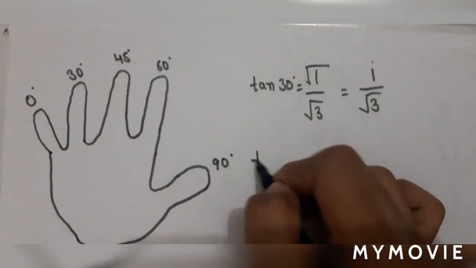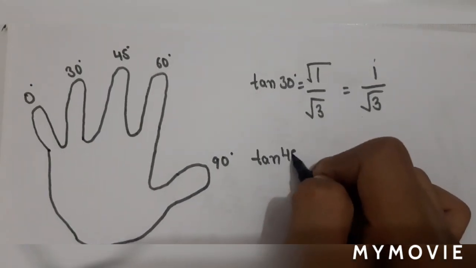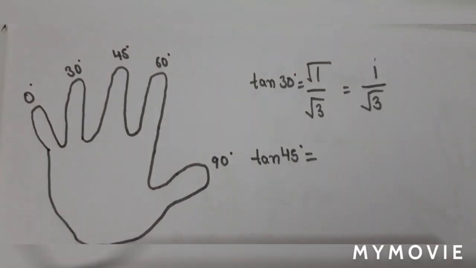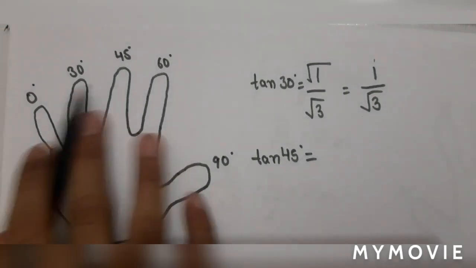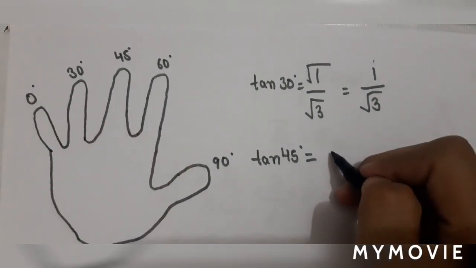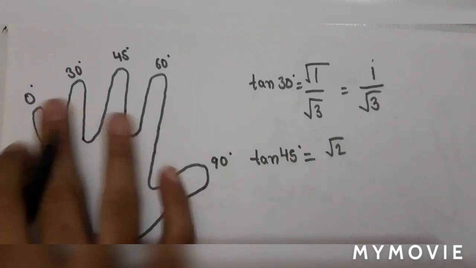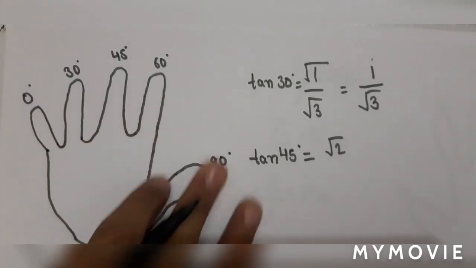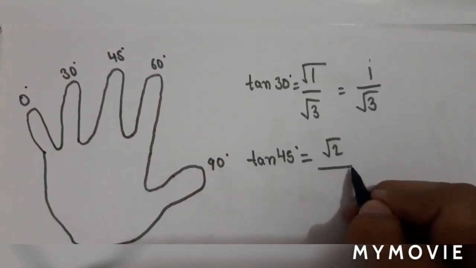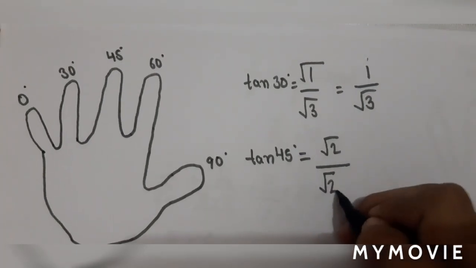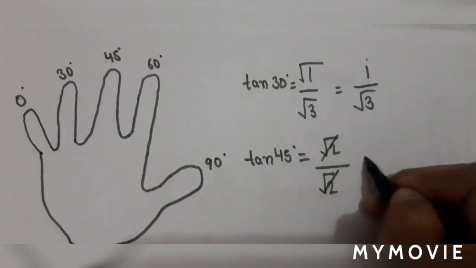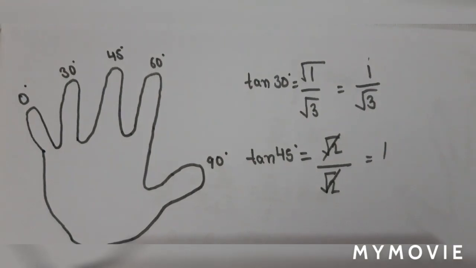So let's take tan 45. So for tan 45, see how many are remaining this side? 2 are remaining. So we should find root of 2. And how many are remaining this side? This side also same 2 are remaining. So we should find the root of 2. So root 2 gets cancelled. So our answer is 1.